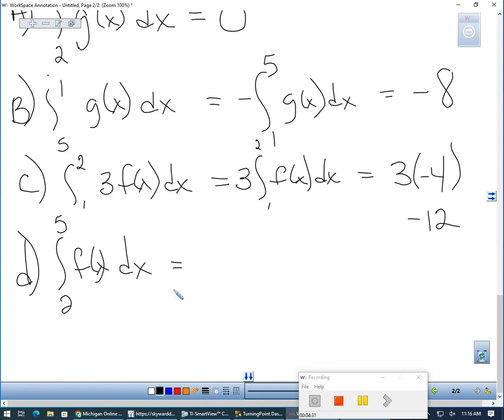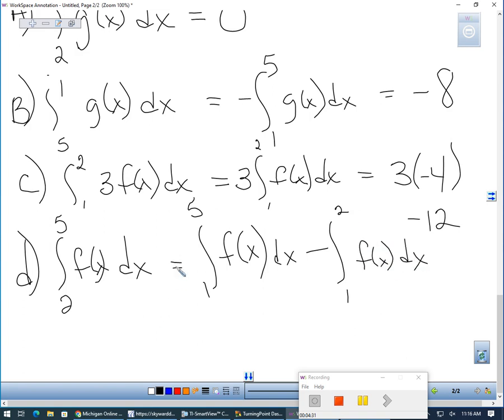So, what I would do is, if I'm going from 2 to 5, I have to first go from 1 to 5 of f of x dx, and subtract my integral that goes from 1 to 2 of f of x dx. So 1 to 5 we said was 6, minus 1 to 2 was negative 4. So this just equals 10, okay? So it follows the same property as if you add them, right? It's the additive property.